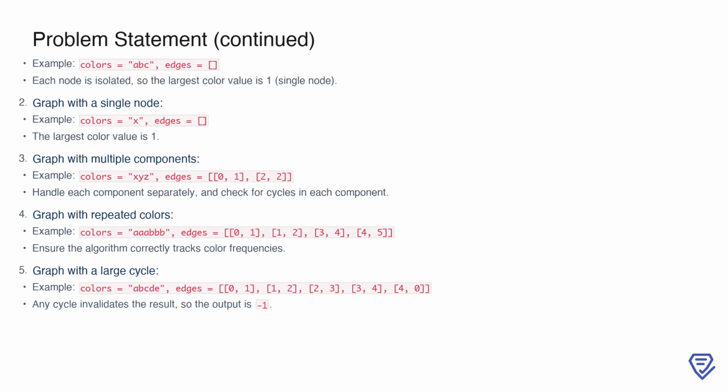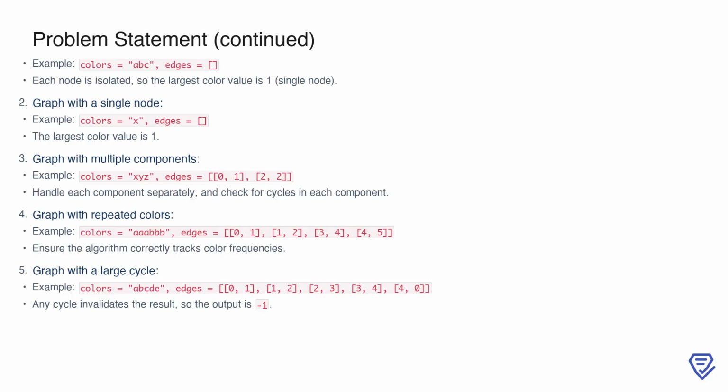If colors is "abab" and the edges are [0,1], [1,2], [3,4], [4,5], the algorithm should correctly track color frequencies across paths in separate components. Finally, cycles, such as in colors equals "abcd" with edges [0,1], [1,2], [2,3], [3,4], [4,0], invalidate all paths, so the output must be -1.